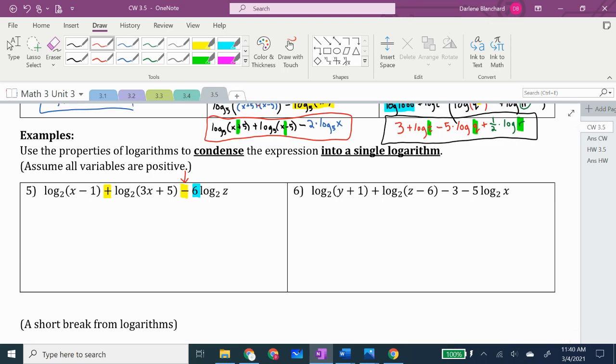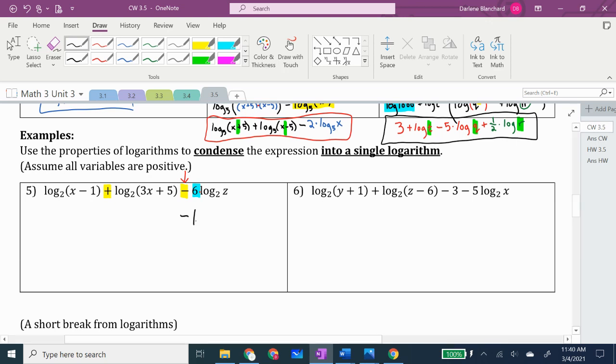Understand that with order of operations, this multiplication is happening before the subtraction happens. Because of that, I'm not ready to combine these two logarithms with subtraction. I can combine these two logarithms with addition because they have nothing multiplied in front of them, but I have to move this 6 inside the function first.